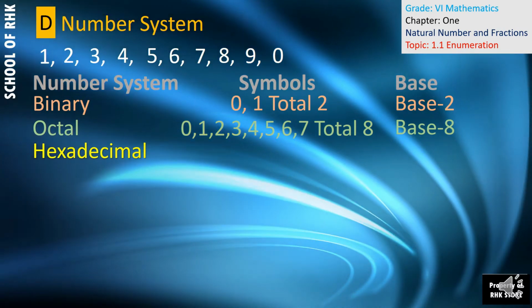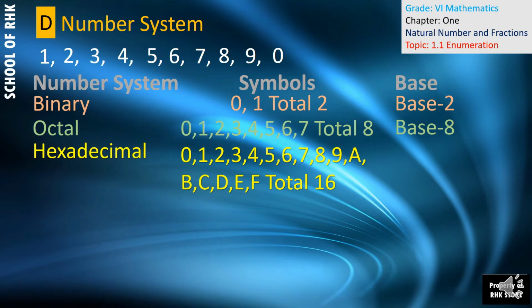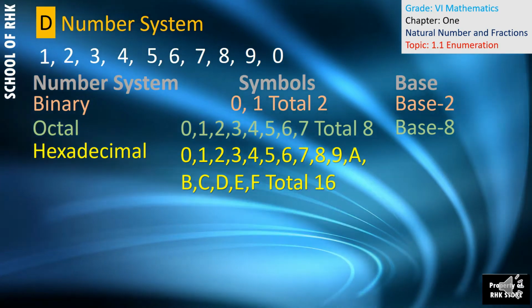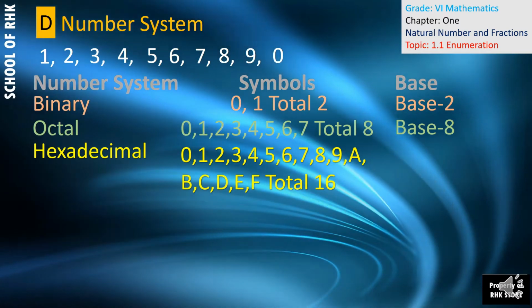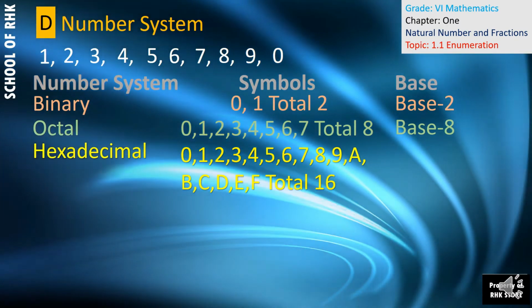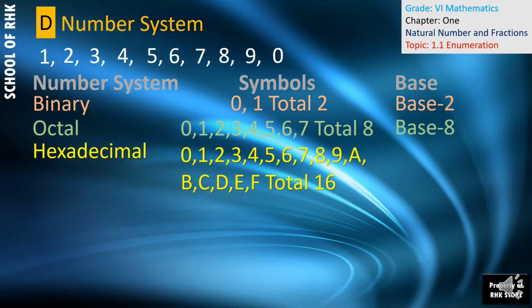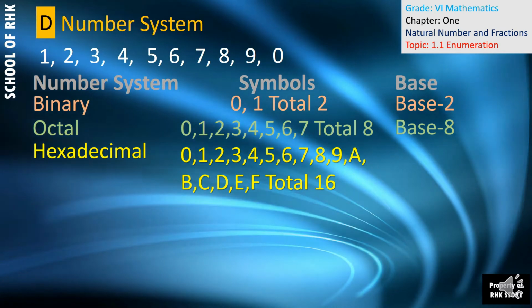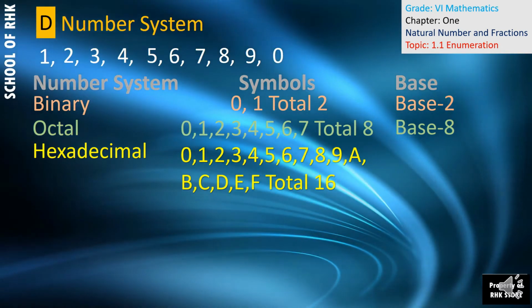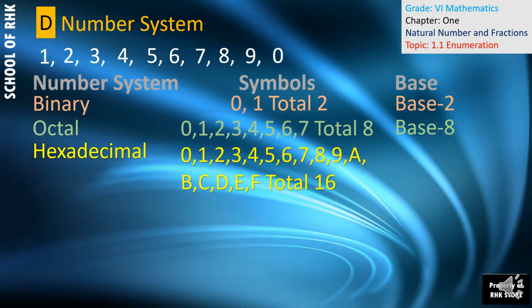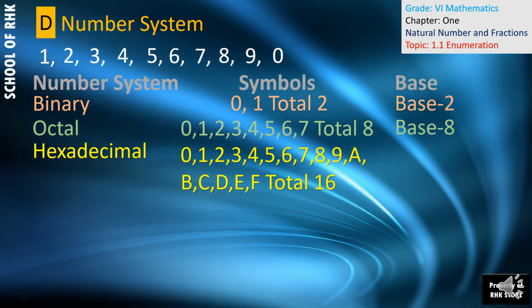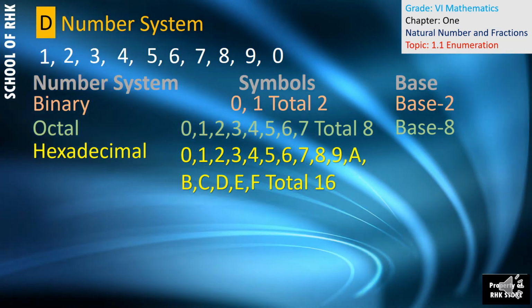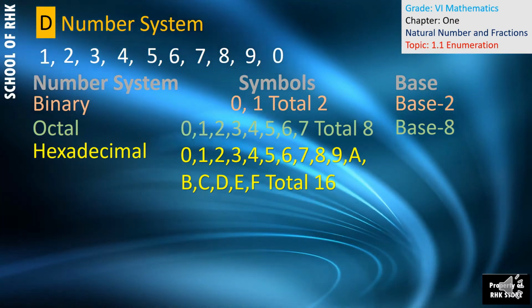Each of the symbols is 0, 1, 2, 3, 4, 5, 6, 7, 8, 9, A, which means 10, B, which means 11, C, which means 12, D, which means 13, E, which means 14, and F, which means 15.